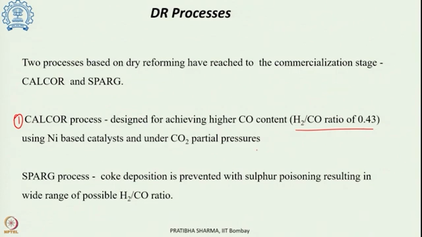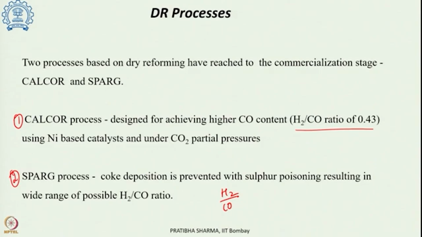A nickel catalyst is used under carbon dioxide partial pressures. The second process, the Sparg process, is a process wherein a wide range of H2/CO ratios are achieved, and this is achieved in a way wherein sulfur poisoning is done intentionally to reduce the ensemble size.